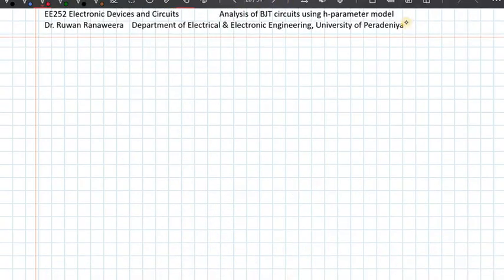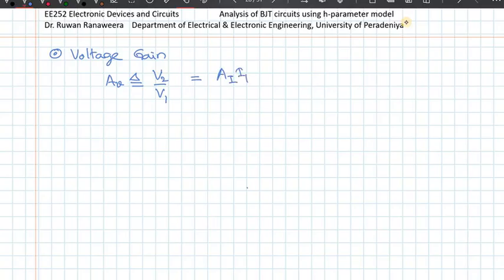The next thing that we are going to look at is voltage gain. The voltage gain Av is defined as V2 over V1, output voltage divided by input voltage. We already have an expression for V2, which is Ai times I1 times ZL, divided by V1.